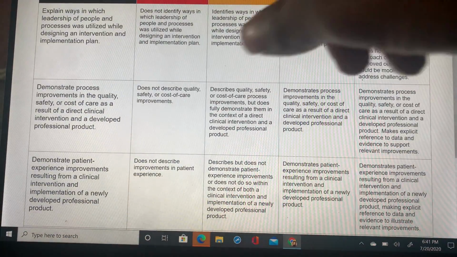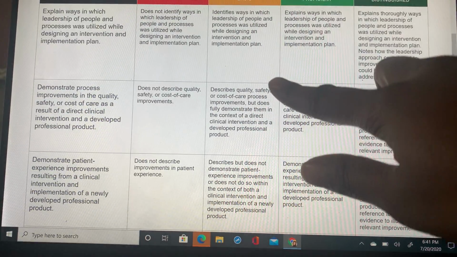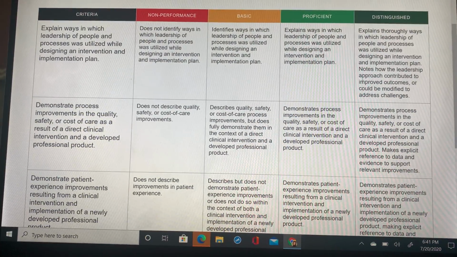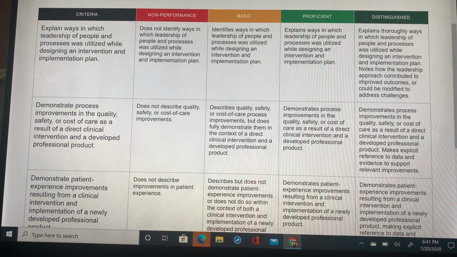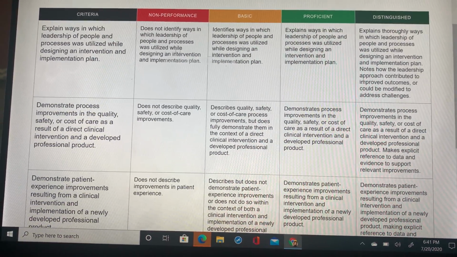So let's go ahead and read the first one. The criteria: explain ways in which leadership of people and processes was utilized while designing an intervention and implementation plan. So these are your grades.